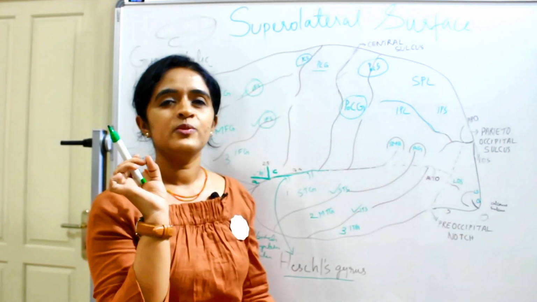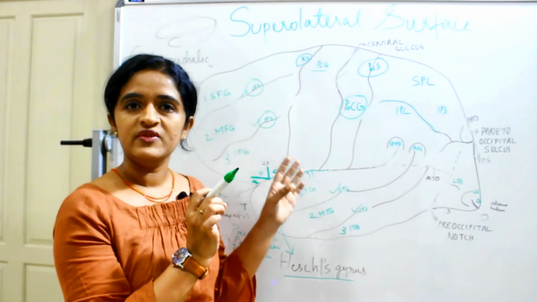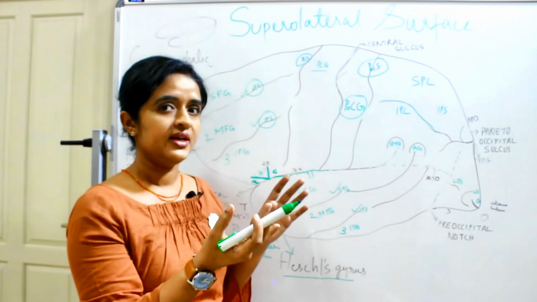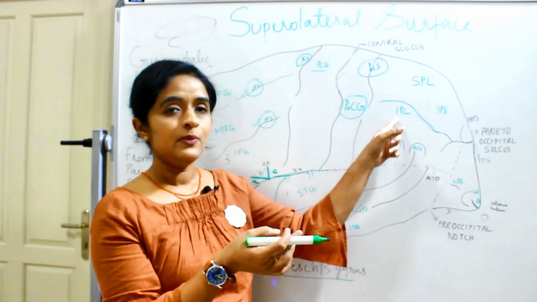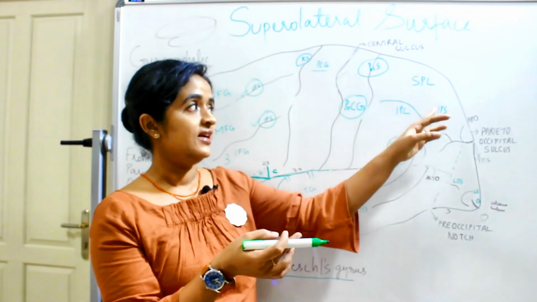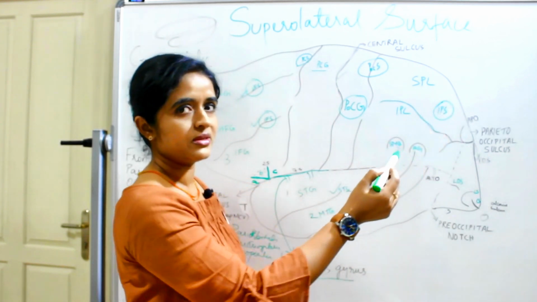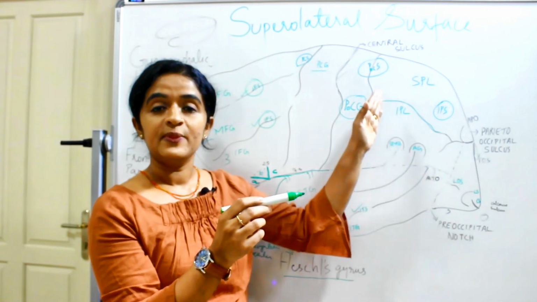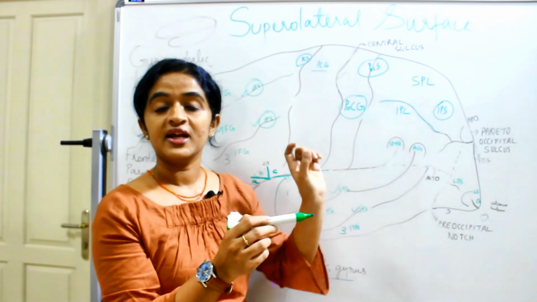One important point I would like to mention here is, when we discussed the frontal lobe and the temporal lobe, we divided them into gyri, isn't it? But when we come to the parietal lobe, with the help of the intraparietal sulcus, IPS, we are going to divide the parietal lobe into superior and inferior parietal lobule.